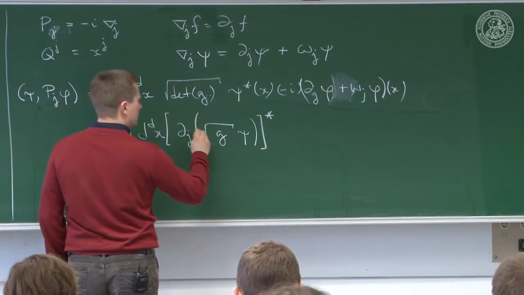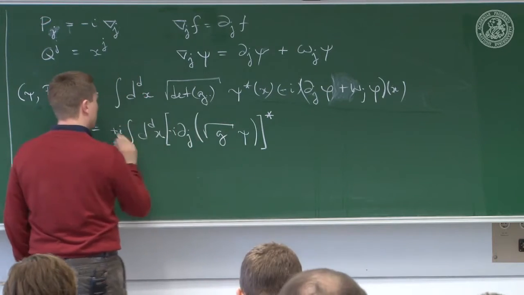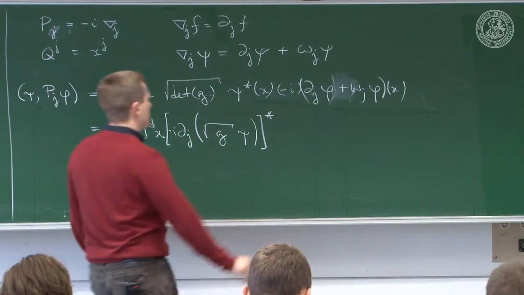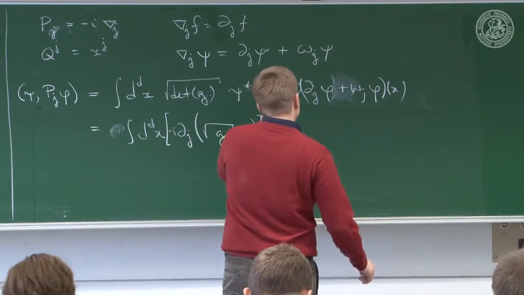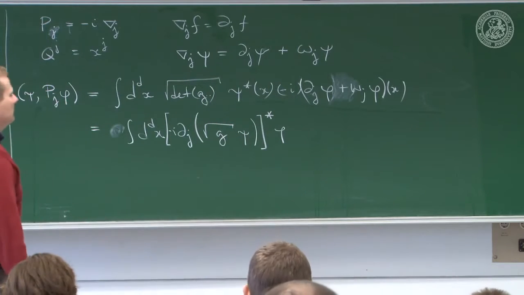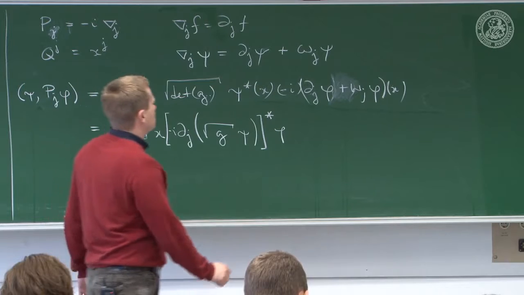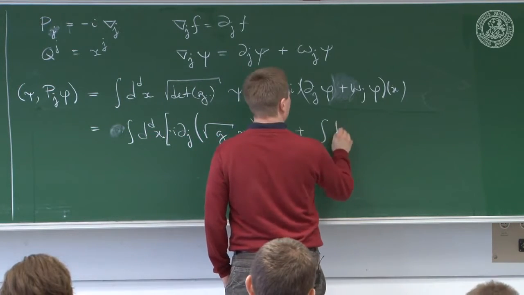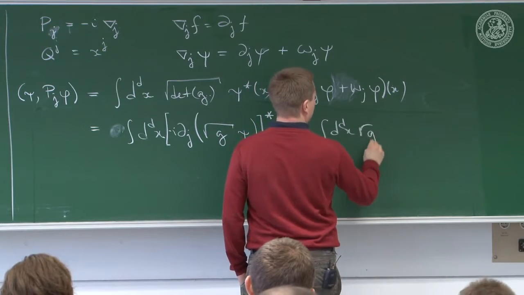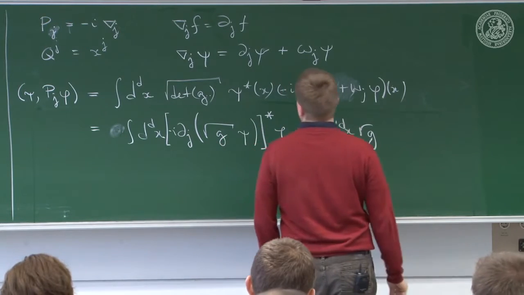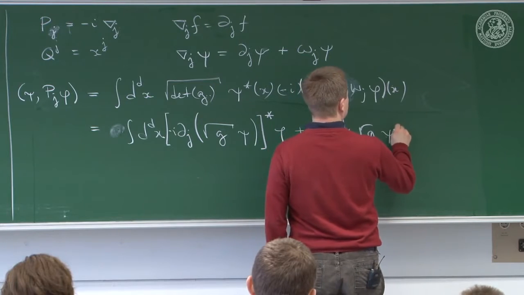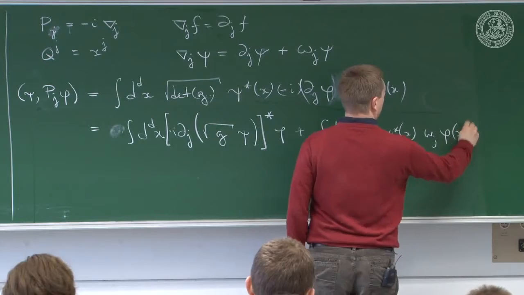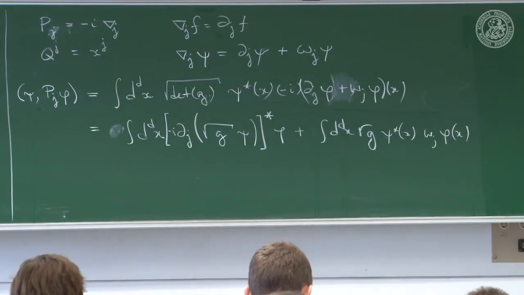Then we can pull the i in the star expression, then it's a minus i, and we have this guy again, phi, that's this term, and then we get an extra term plus integral d^d x square root of g psi star of x omega j phi of x. Correct?